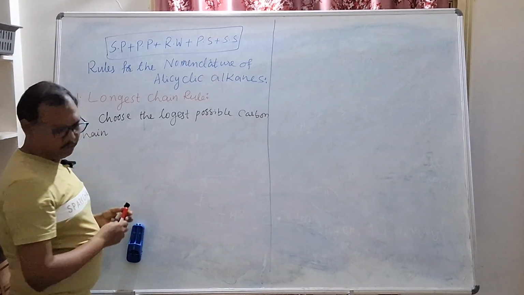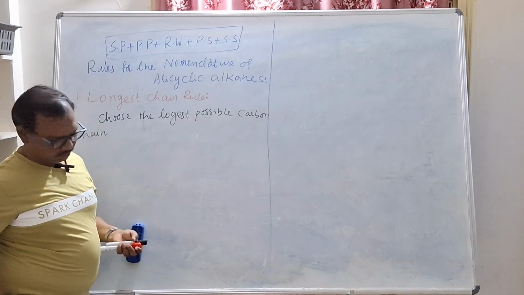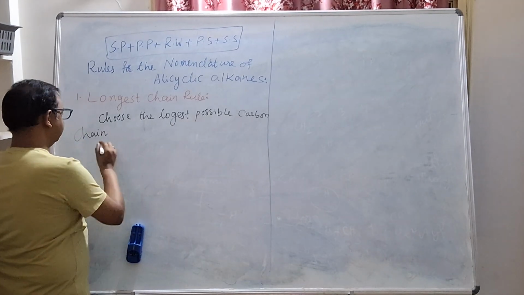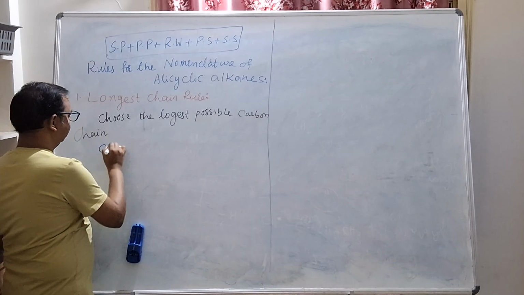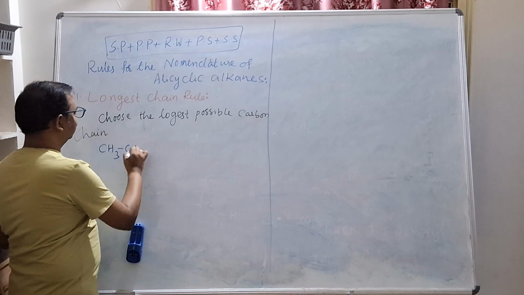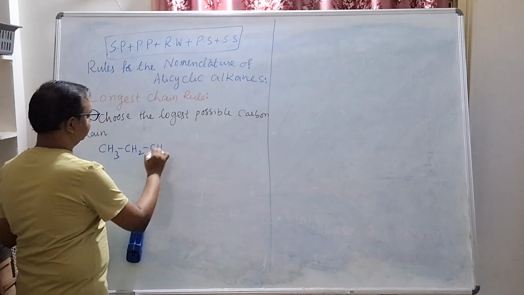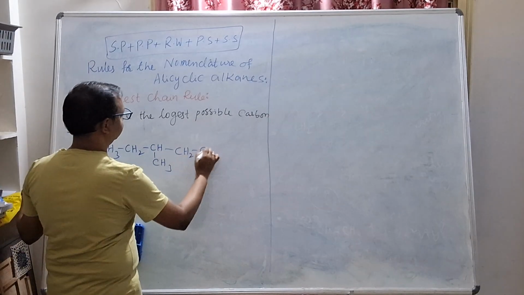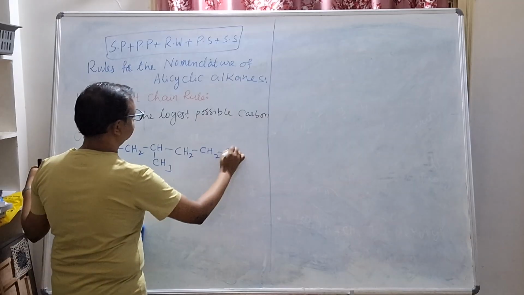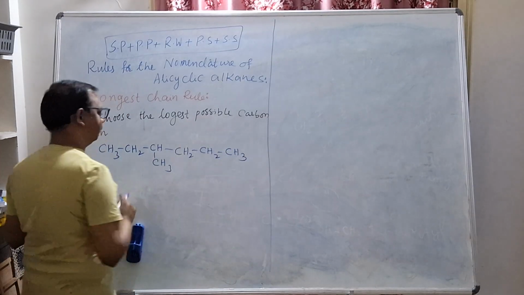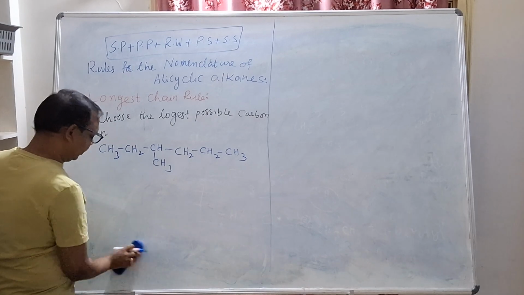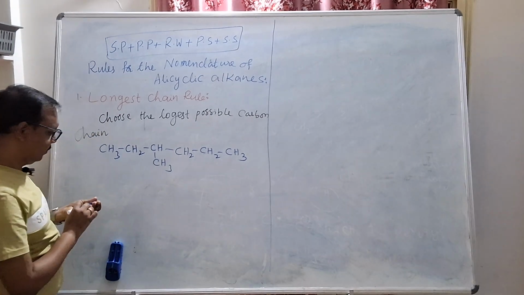For example, you take here CH3, CH2, CH, CH3, CH2, CH2, CH3. See, in this compound there are two possibilities if you observe. What are those two possibilities?